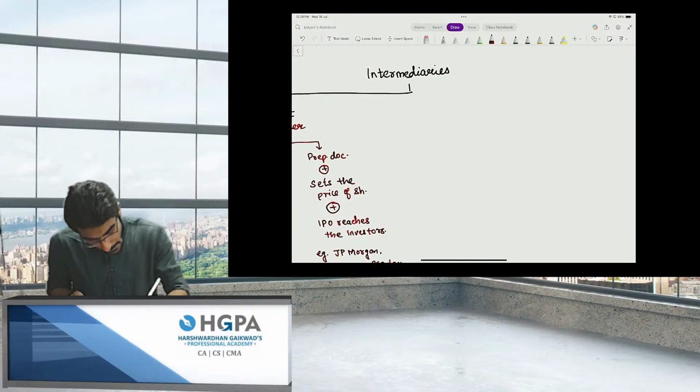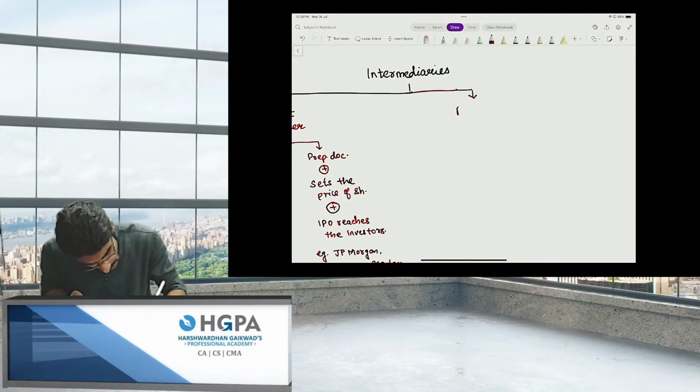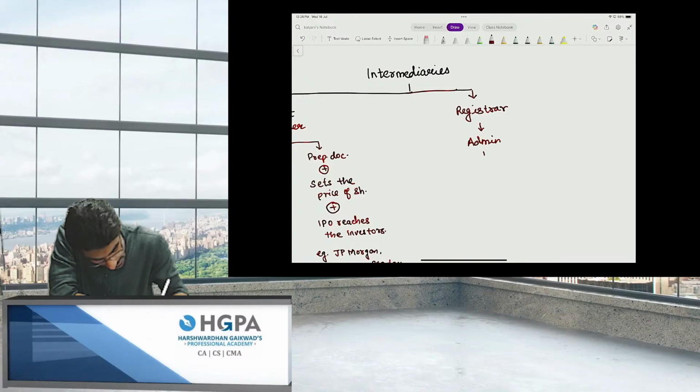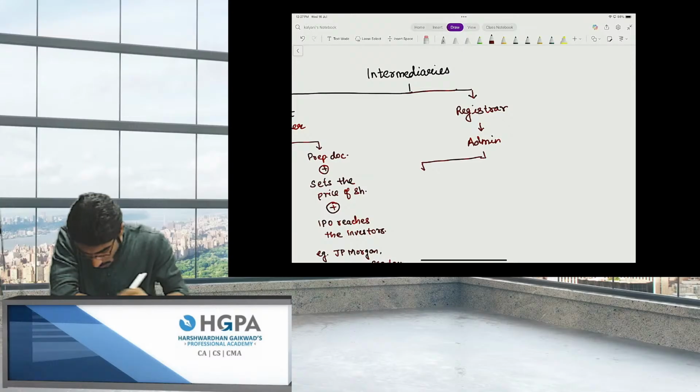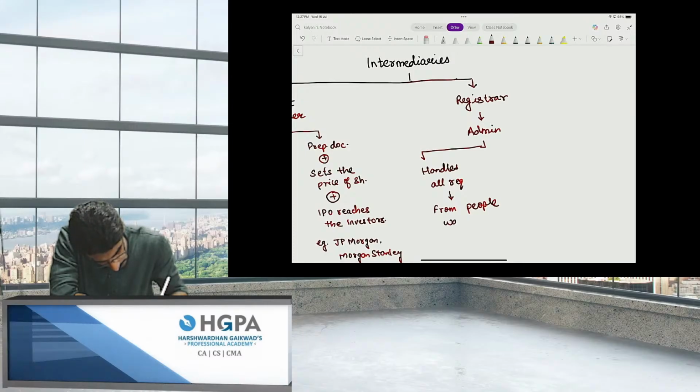Registrar. Number one is people, he is the admin who handles all the aspects with respect to shares from people wanting to buy shares.